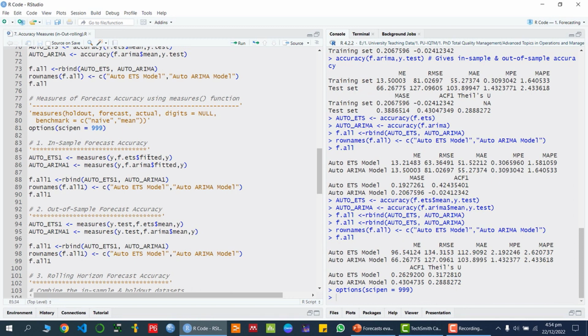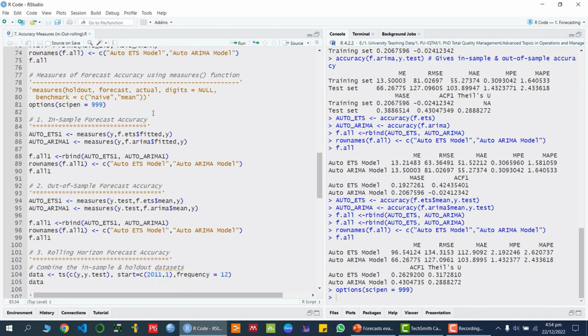Okay, now in order to calculate the measures of accuracy using this function in sample, we need to tell it y, that is the training data set, the variable in which we have the training data set, and then we are mentioning the in sample forecasted value or the fitted value.